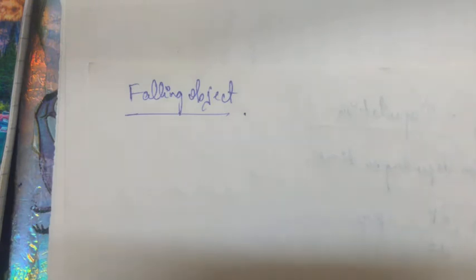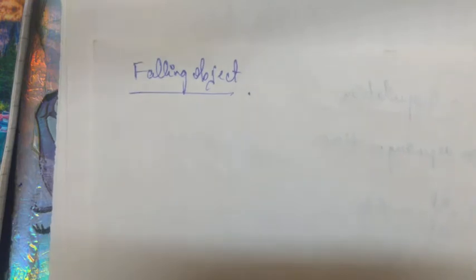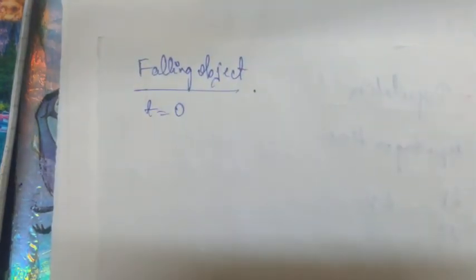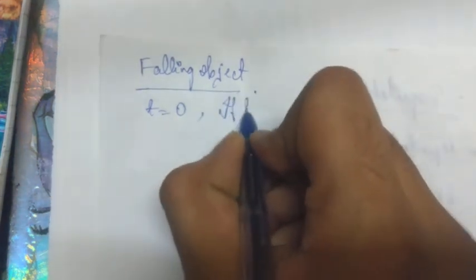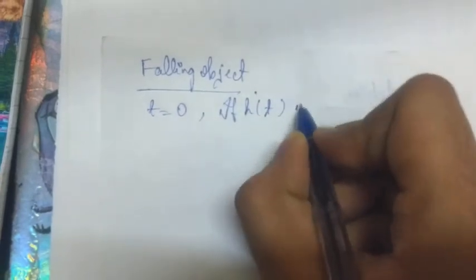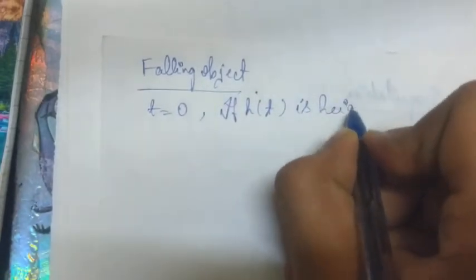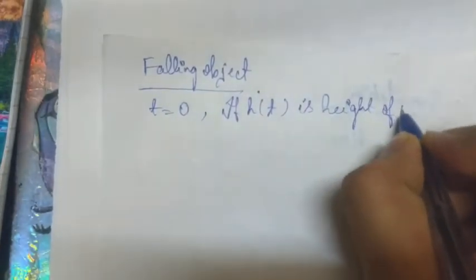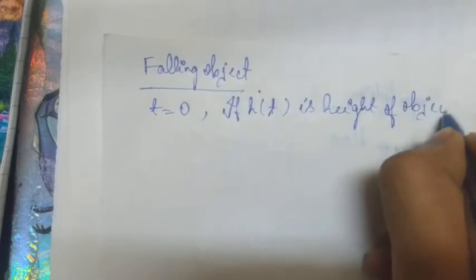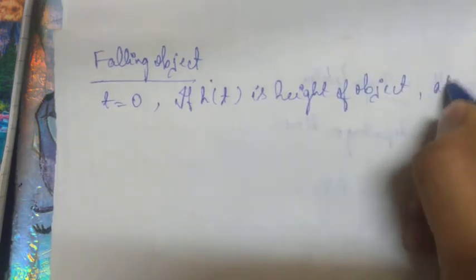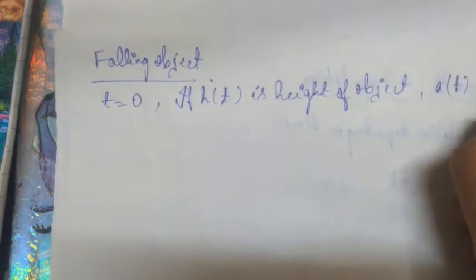Firstly, an object is dropped from a height where t is equal to 0. I will write it down. If h of t is the height of the object, t is time, and a of t is the acceleration.